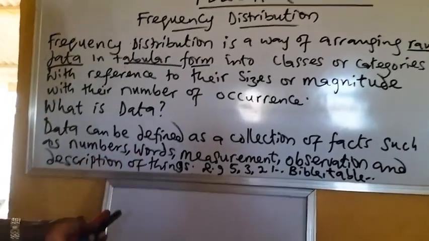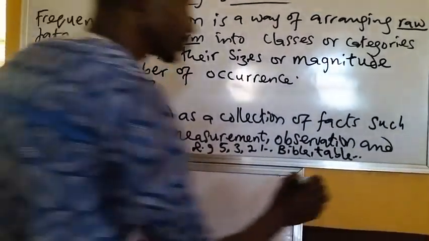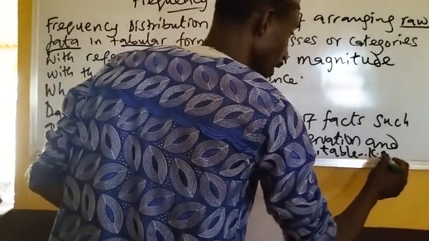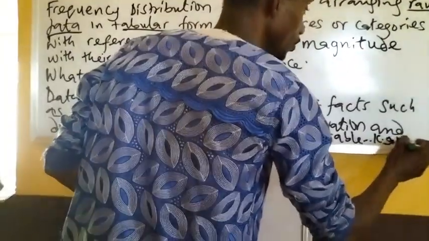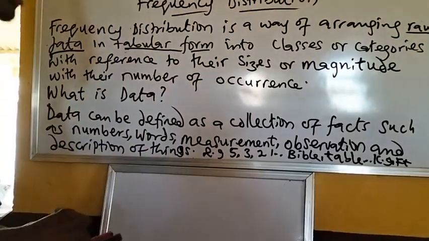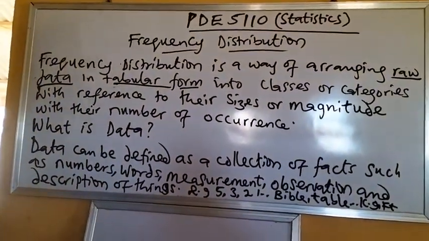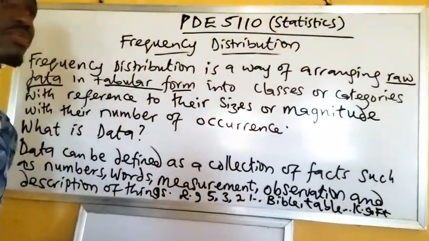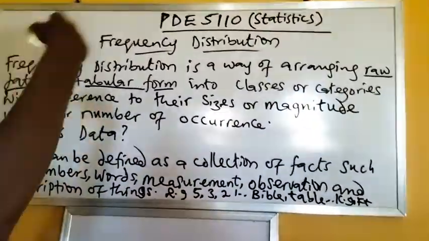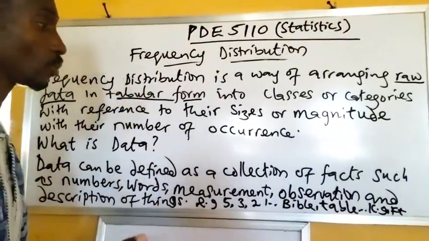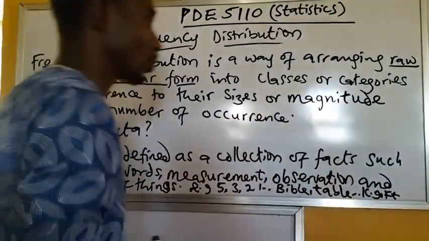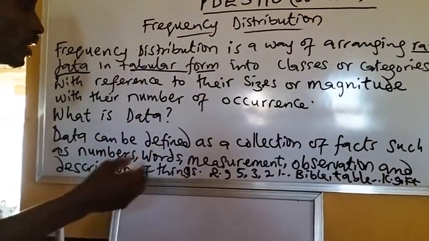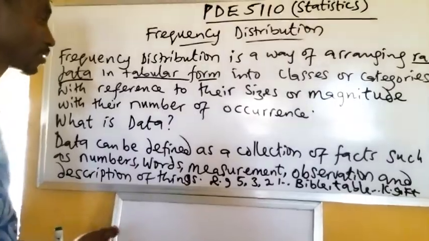Again, for measurement, you can have something like kg, that is kilogram. You can have something like foot, and so many other things like that. Then for observation, you may go to the field and discover one or two things, like maybe in a football match or an event. Whatever you see, you take the record down. Again, for description, you can describe things the way you see it.